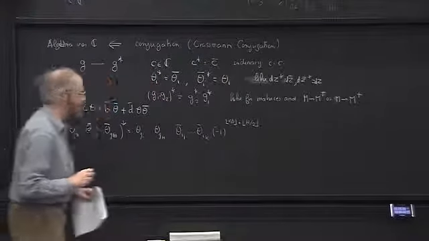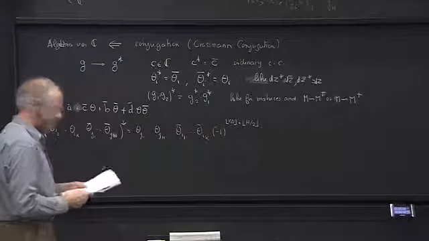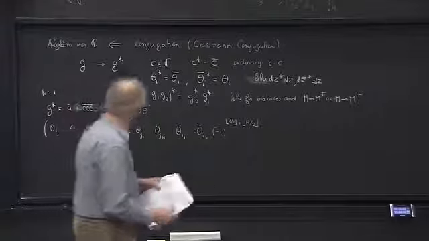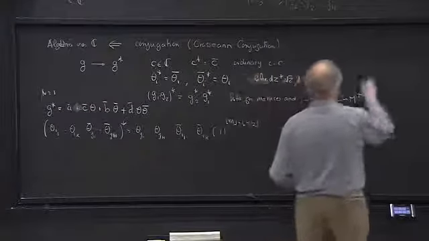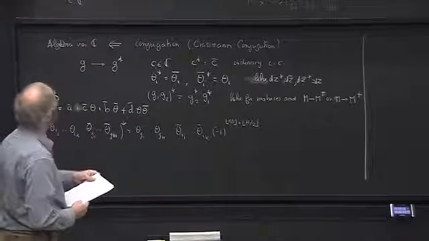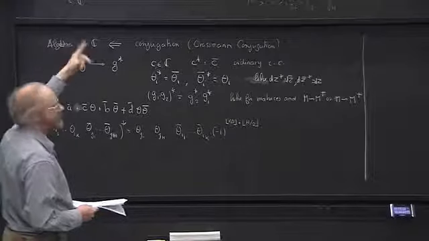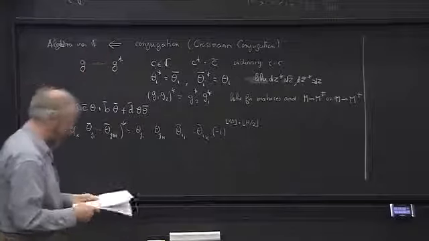So in general, there is a sign. Okay? Good. So these are the rules that define what is this algebra, this exterior algebra or this Grassmann algebra over C.